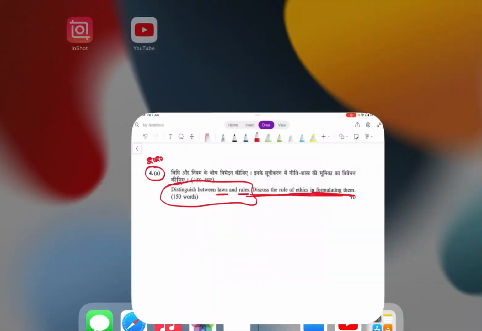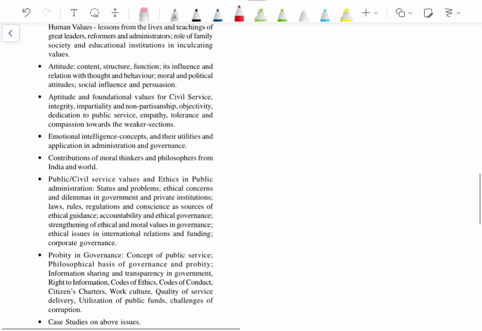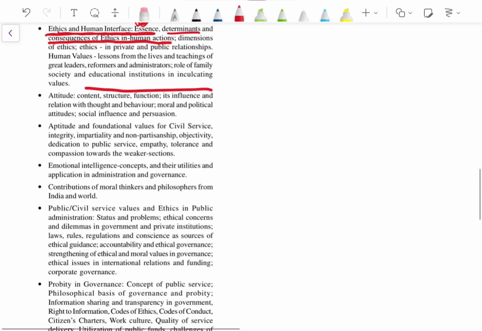If we see the syllabus, this is attitude, and here we will discuss attitude and its content. So in this topic we will discuss the basics.